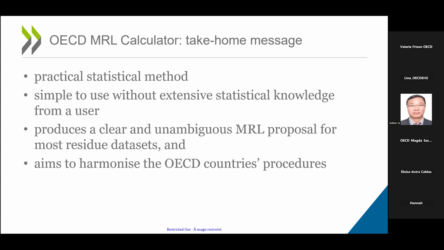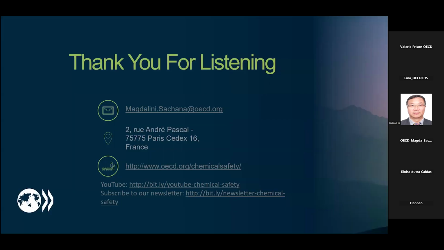Furthermore, it produces a clear and unambiguous MRL proposal for most residue data sets and aims to harmonize the OECD countries' procedures. So I think this is my last slide. And again, thank you very much for your attention.